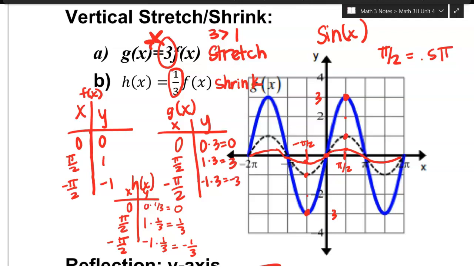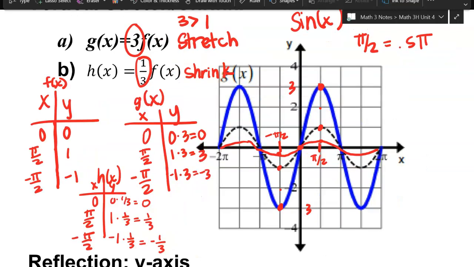Instead of spreading them more apart like on the blue graph, it brings them closer together, so it's flattening or shrinking that curve or that graph. It doesn't affect your x values, it only affects your y values and how far away your points are going to be from each other.